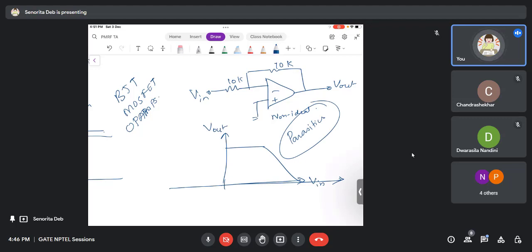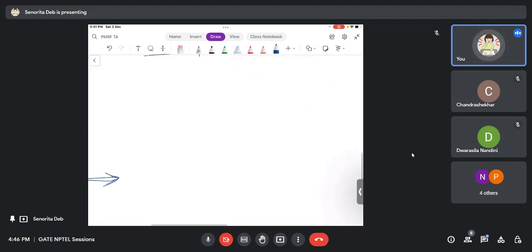Because everything here is conducting, and two conducting plates will form nothing but a capacitor. It can be anywhere. An Opamp is made with BJTs only, or MOSFETs. So in BJTs, all these parasitics keep on coming.